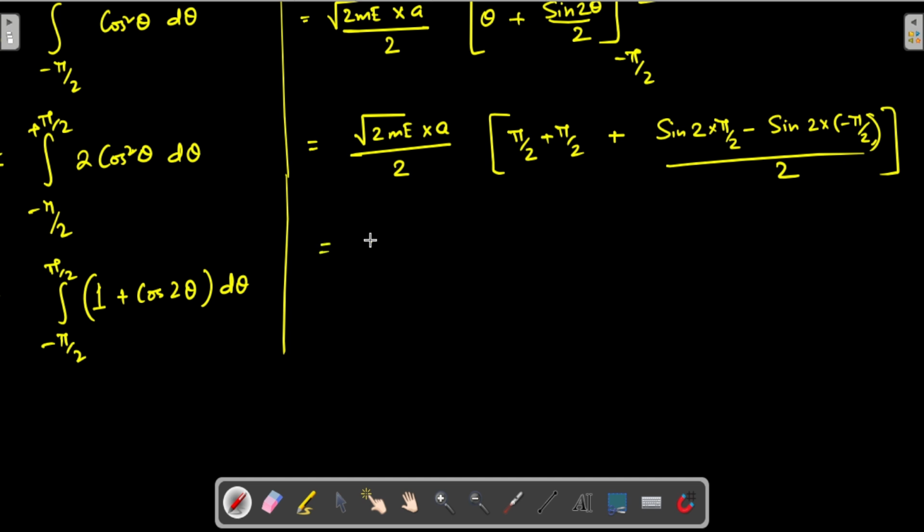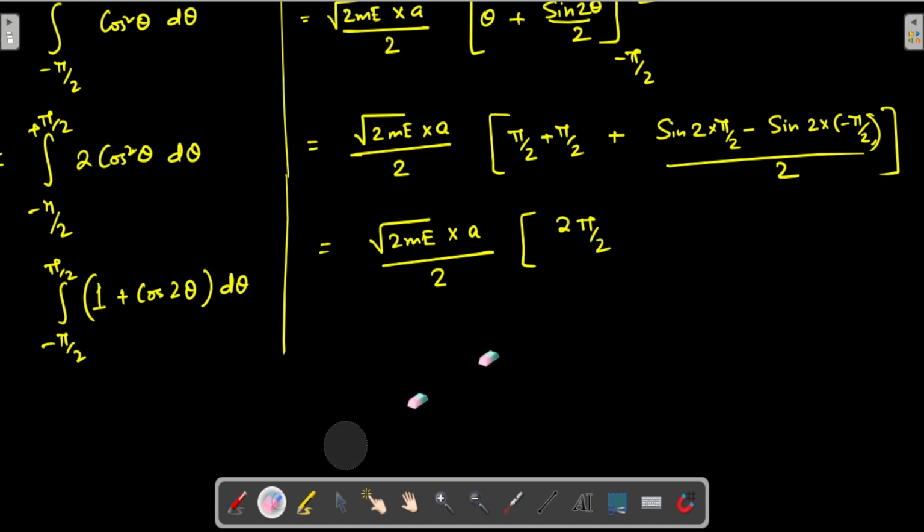And here we can write 2mE into a by 2, it becomes 2 pi by 2, that means pi. Pi plus, and here it becomes 0, because sin n pi is 0, so this term will be 0.